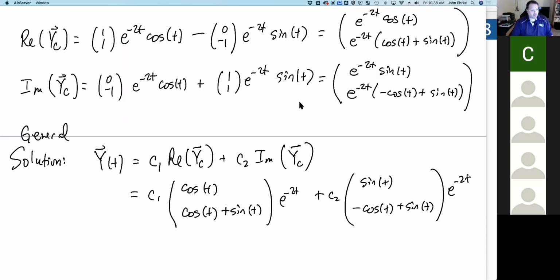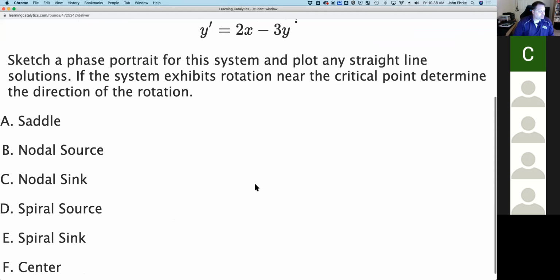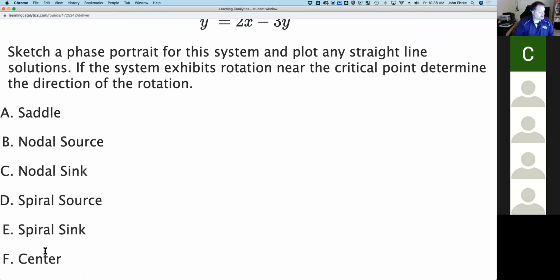All right, so here's what I want you to decide. Based on the way that our solution looks here, what kind of behavior can I expect in the phase plane? Can I expect node behavior, saddle behavior, spiraling out, that's the source, or spiraling in toward the origin, or a center? A center is a completely periodic circle or ellipse, so a closed curve in the phase plane. Which of these correctly is the behavior that we're going to see here?